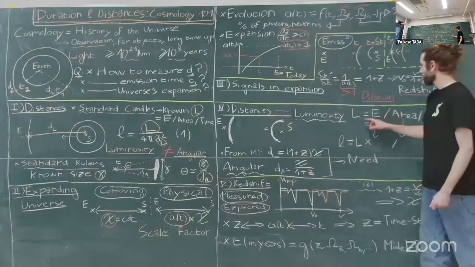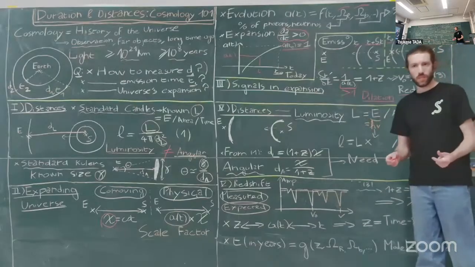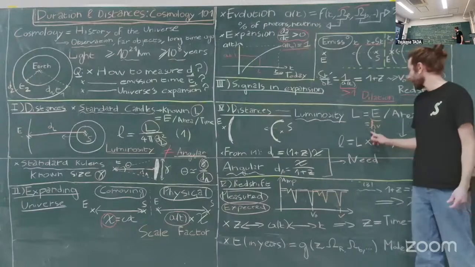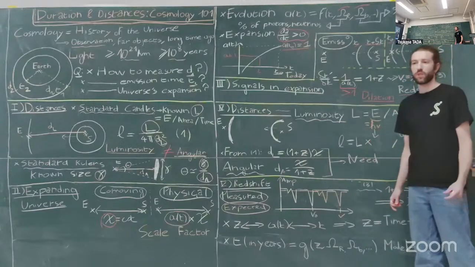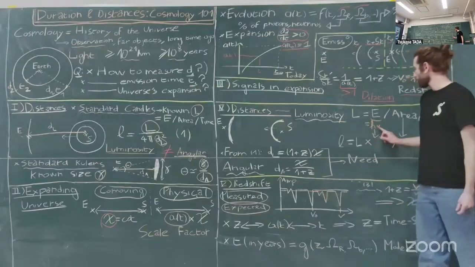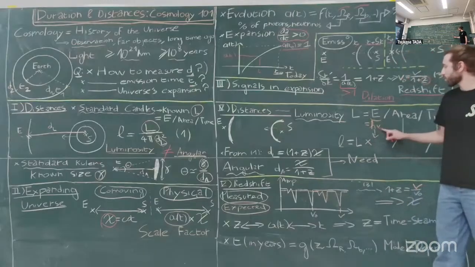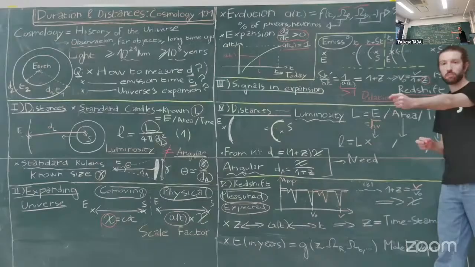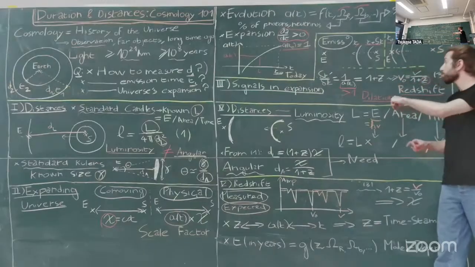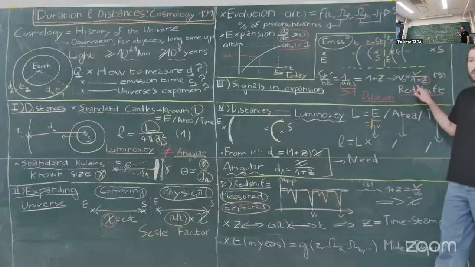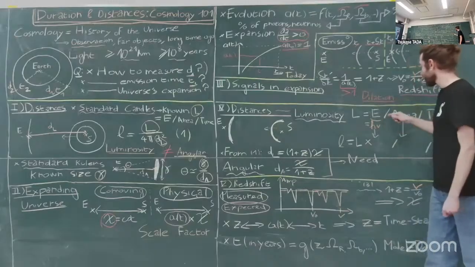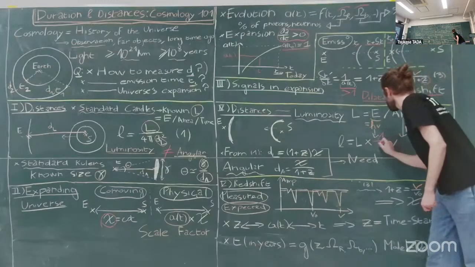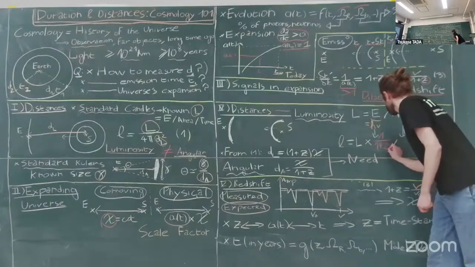First, the energy. The energy of a photon is equal to the Planck constant h times the frequency of this photon. So let's say it sends a photon with an energy that is h nu. This photon travels to us, but its energy is going to be decreased because the frequency is decreased. So here, the energy is decreased by this factor 1 over 1 plus z.